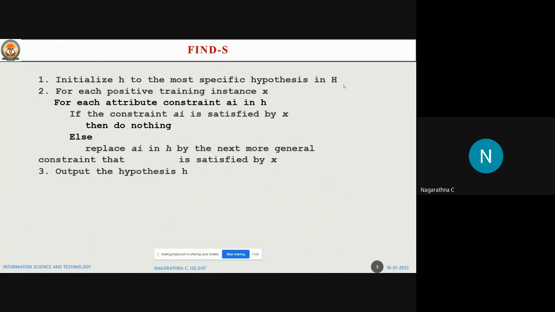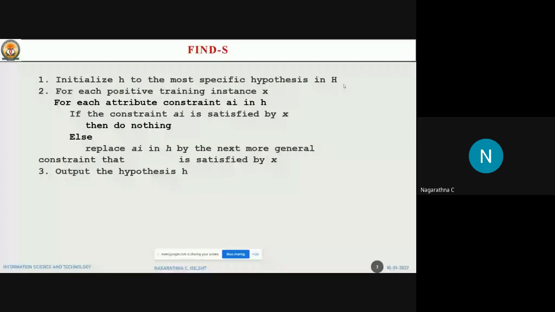Then for each positive training instance x, for each attribute constraint ai in h, we will check whether it is satisfied by x or not. If it is satisfied, then we will do nothing. If it is not satisfied, the value is changed. Most specific is the phi value. There are three values that can be accepted.